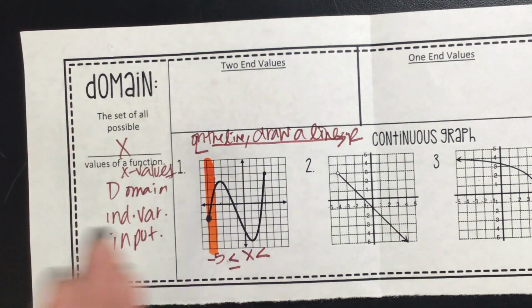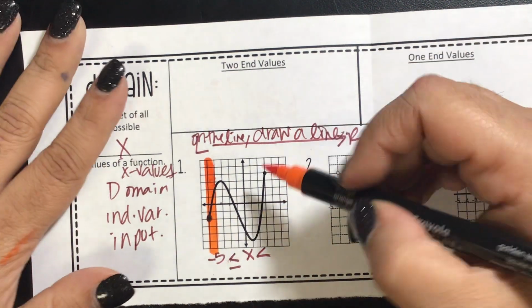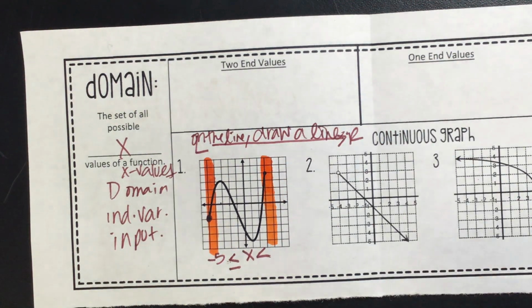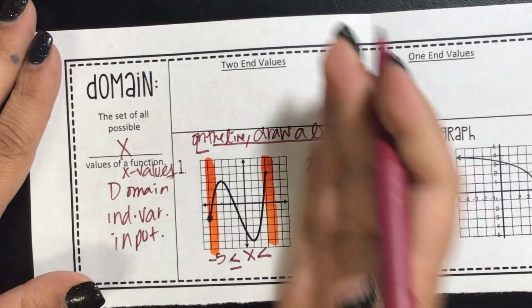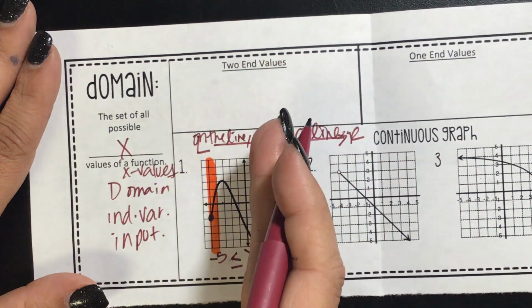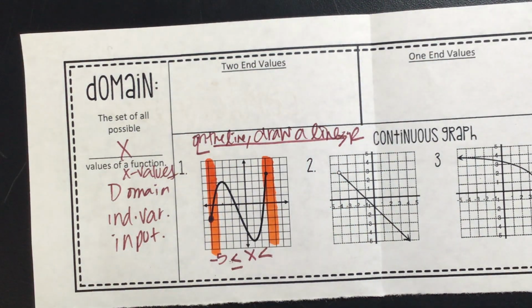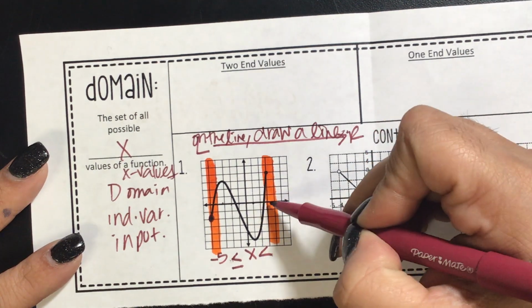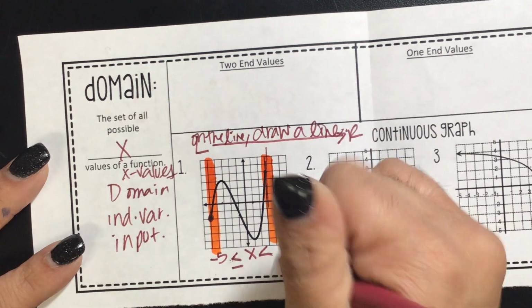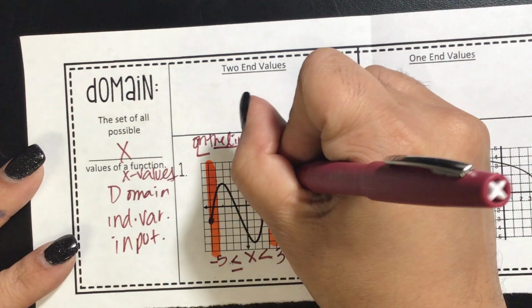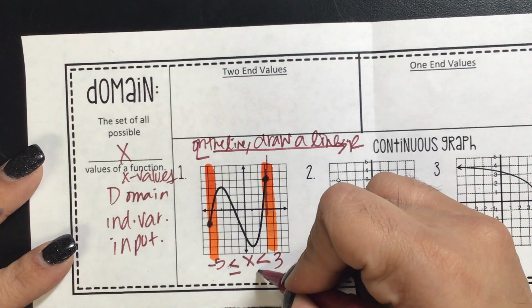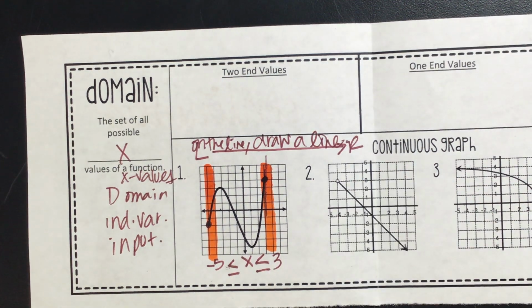So that's your left-hand side, but now we got to come from the right. I'm using this highlighter to help me figure out where my stopping point is because this is my rightmost point. So this is going to be 1, 2, and this is 3. Because this is a closed circle and it's on the line, we're going to draw a line.